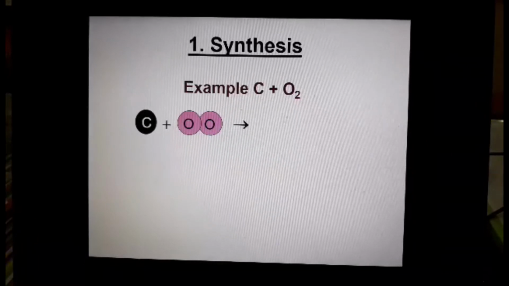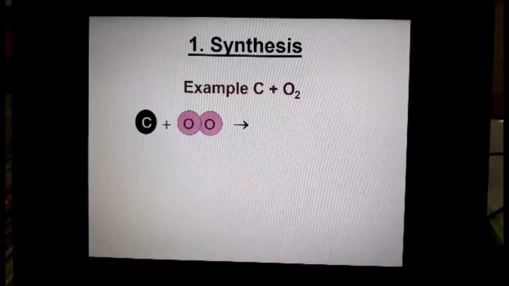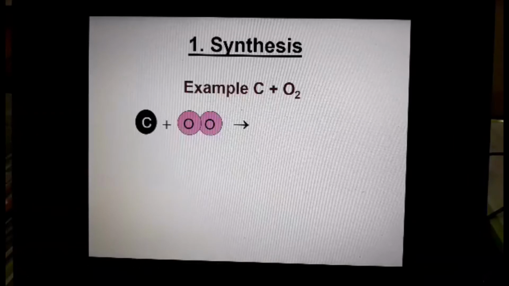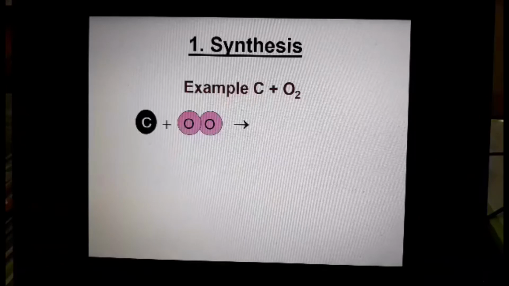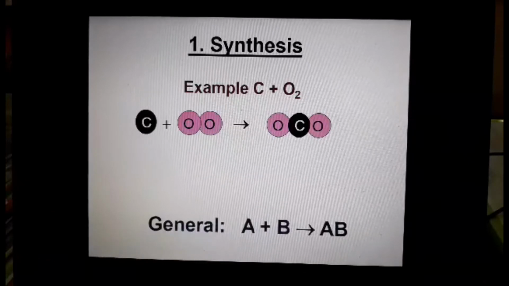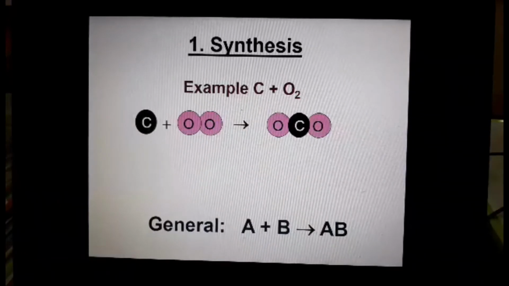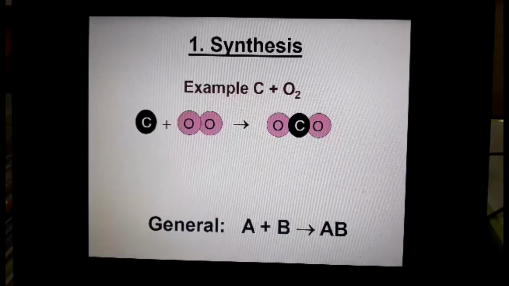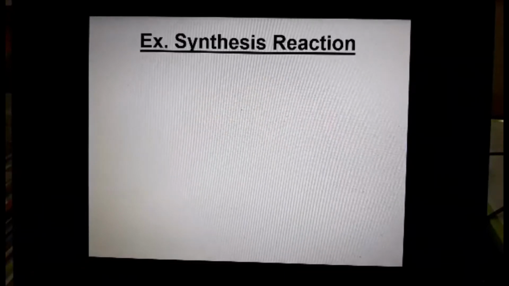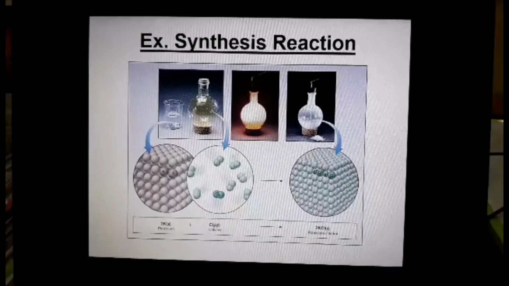Carbon is only C. Because oxygen belongs to the 7 diatomic elements. When we say diatomic elements, these are the elements that exist in nature as two atoms. So the product is CO2. The general equation is A plus B is equal to AB. You are just going to combine. So that is synthesis reaction.